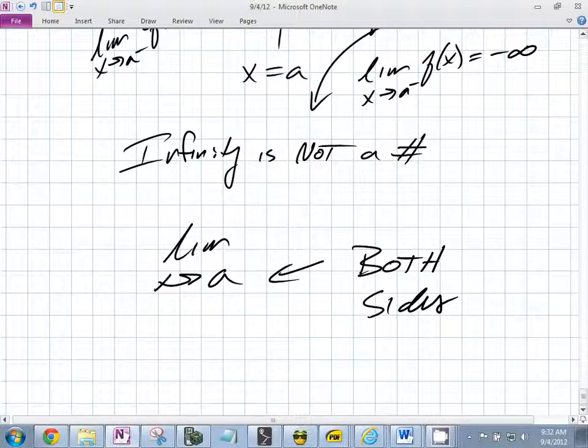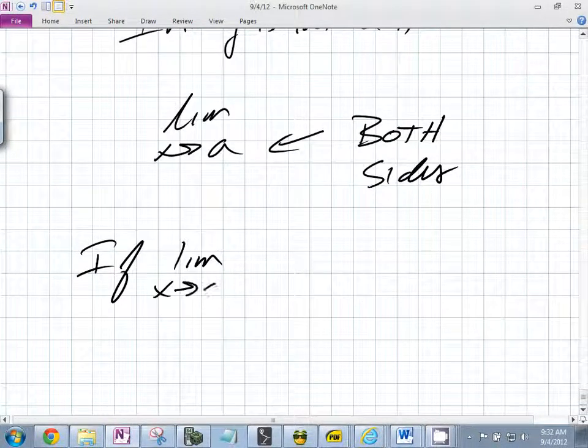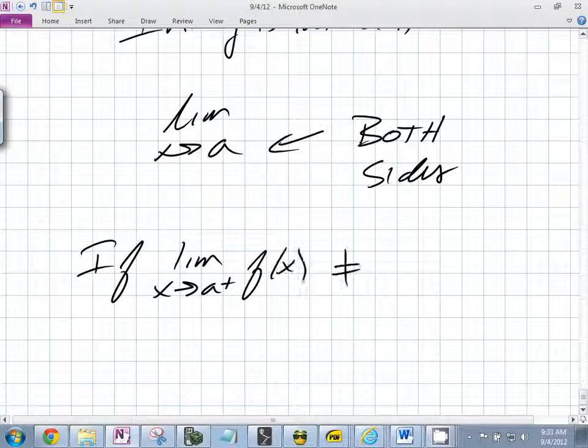If the limit as x goes to a from the right of f of x does not equal the limit as x goes to a from the left of f of x, then what do we say about the limit as x goes to a of f of x? D and e.